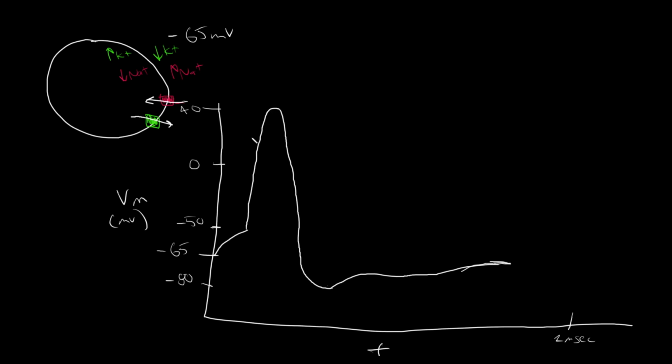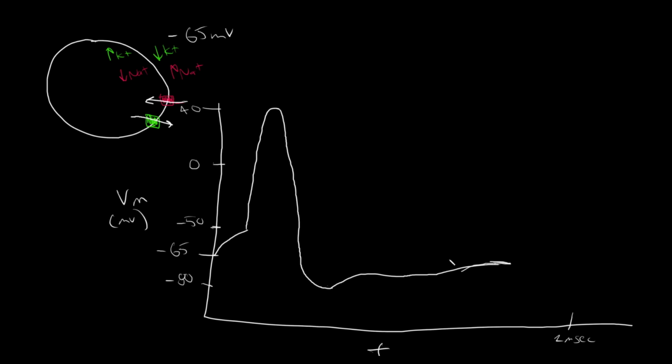You reach threshold along the way for activation of voltage-gated potassium channels, which then create a huge outpouring of potassium from the cell till you overshoot. So this is the undershoot. This is the overshoot. Till you undershoot, and then you repolarize back to resting membrane potential.